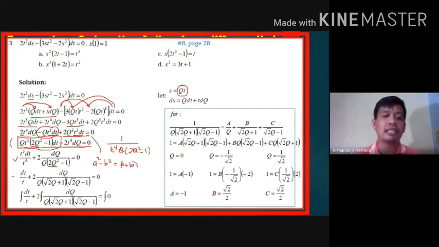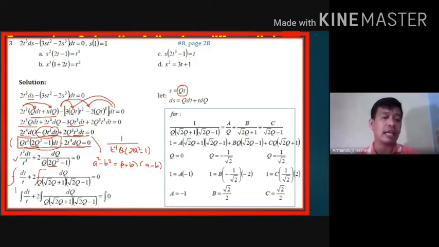So multiply natin siya by a minus b. So that's why nagkaroon tayo ng q ay square root of 2q plus 1 multiplied by square root of 2q minus 1. So since function of t na, function of q na, it's now ready for integration.